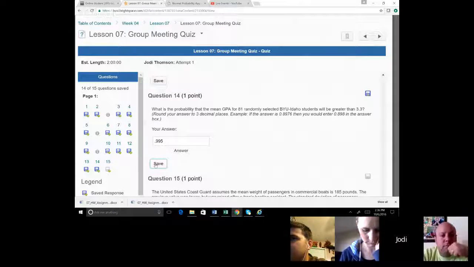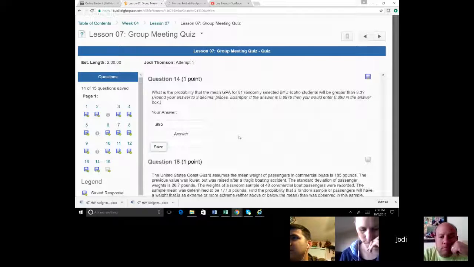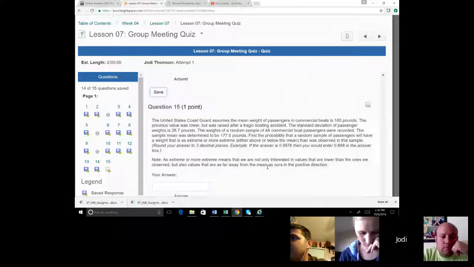All right, our last one. The United States Coast Guard assumes the mean weight of passengers in commercial boats is 185 pounds. The previous value was lower, but it was raised after a tragic boating accident. The standard deviation of passenger weights is 26.7.